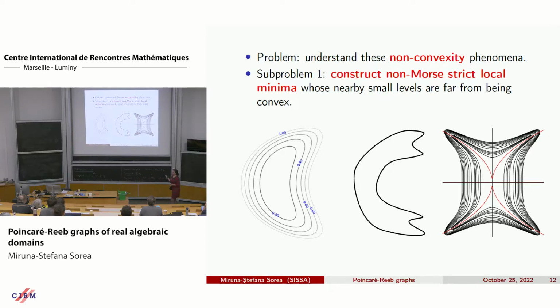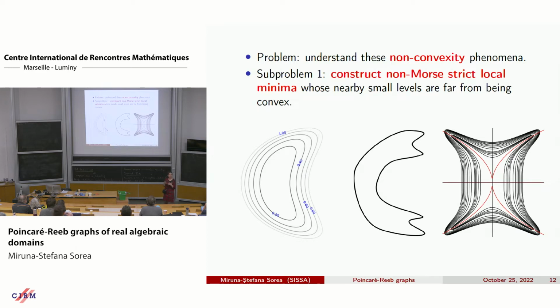And as a sub-problem, I constructed and characterized a large class of non-Morse strict local minima that are far from being convex. So here you can see this example by Michel Coste, and already in the middle and the right picture there are some more complicated shapes.